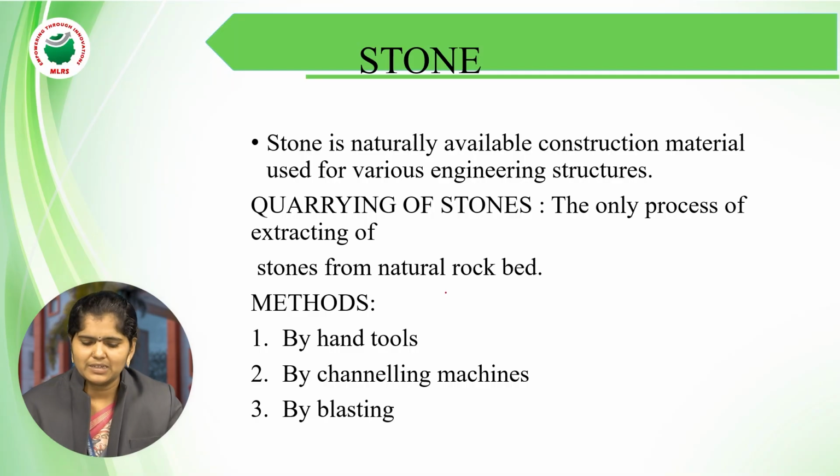Materials are primarily classified into two types: natural materials and artificial materials. Natural materials are such as stone, sand, etc. And artificial materials are cement, bricks, and tiles. These are examples of natural and artificial materials.